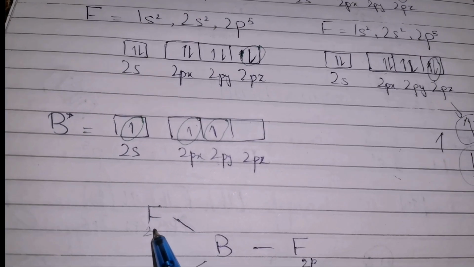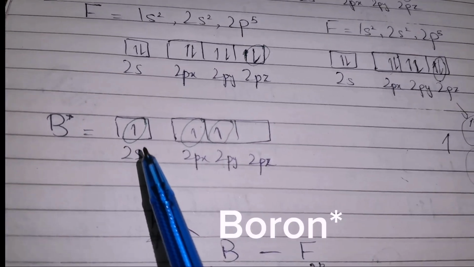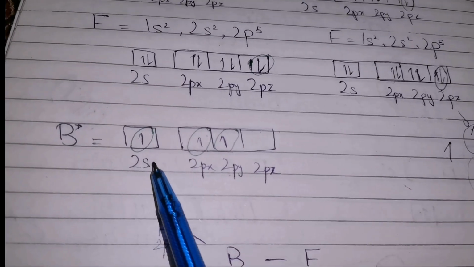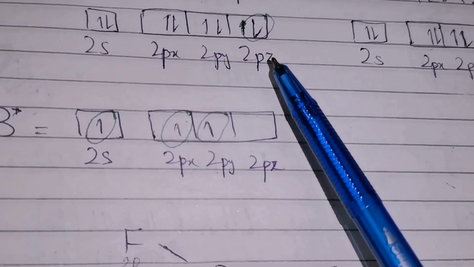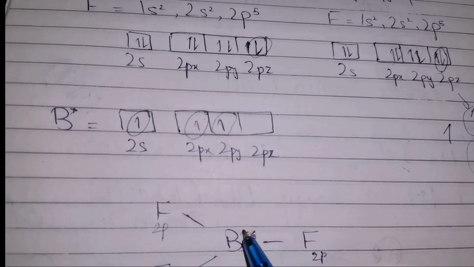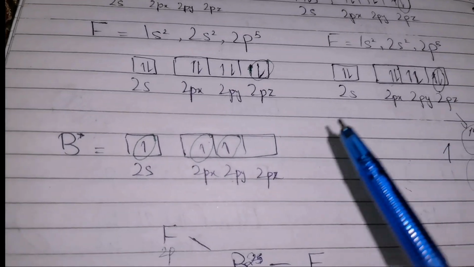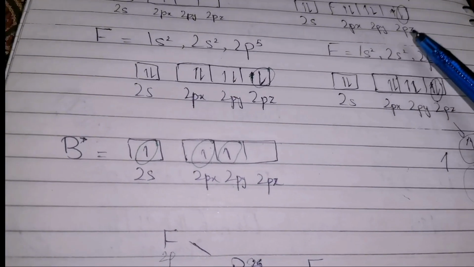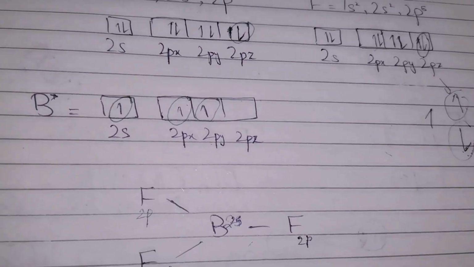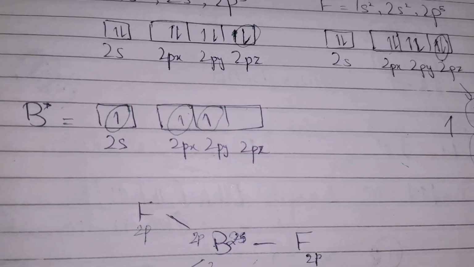and 2p. Now let's see the electrons present in the orbitals of fluorine. 1 is present in 2s, meaning 2s will overlap with the 2p of fluorine. So we can write here 2s. The other 2p will overlap with the other 2p of the fluorine, and this will also overlap with the 2p of fluorine. So here we will write 2p and here also 2p.